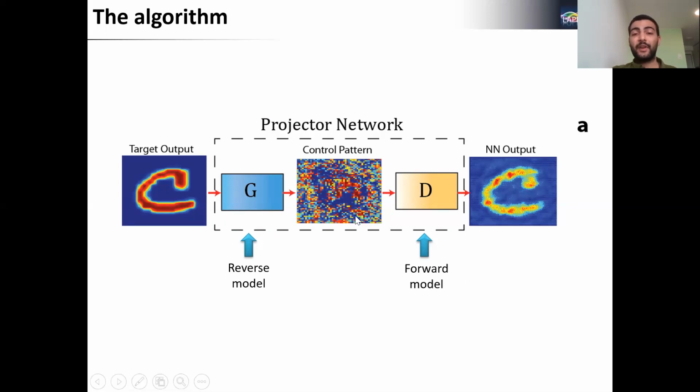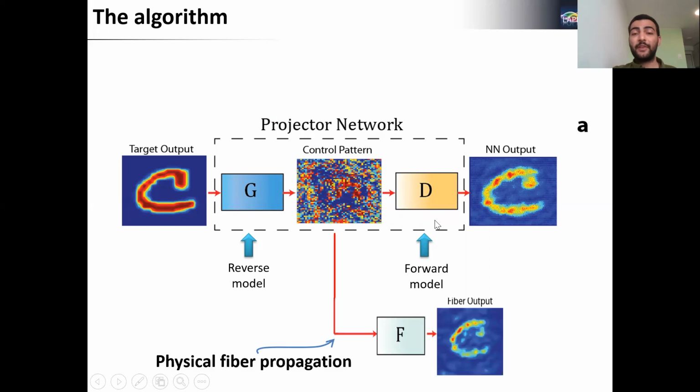If the two networks have converged and the loop is closed, then the G network gives you the pattern that you should send to obtain the particular image at the output. And if you send this control pattern that G gives you to the fiber, you get the same image at the output.